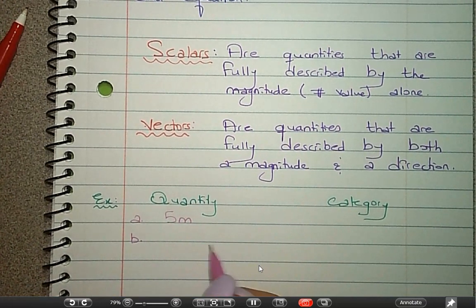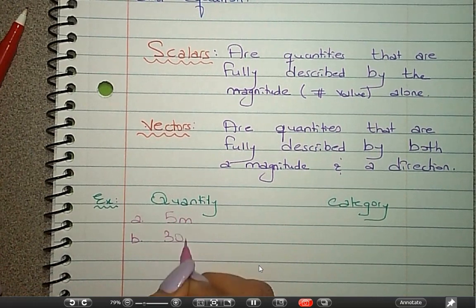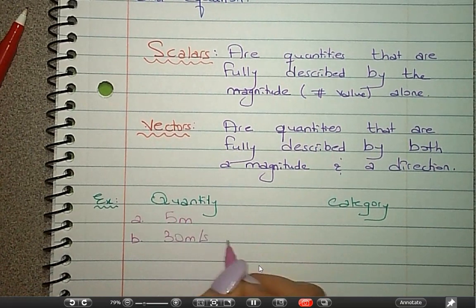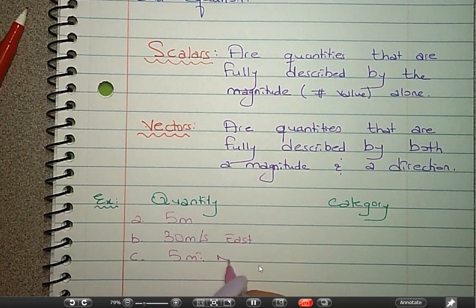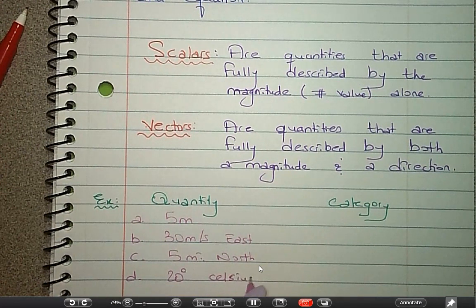So 5 meters, 30 meters per second east, 5 miles north, 20 degrees Celsius, 4,000 calories.